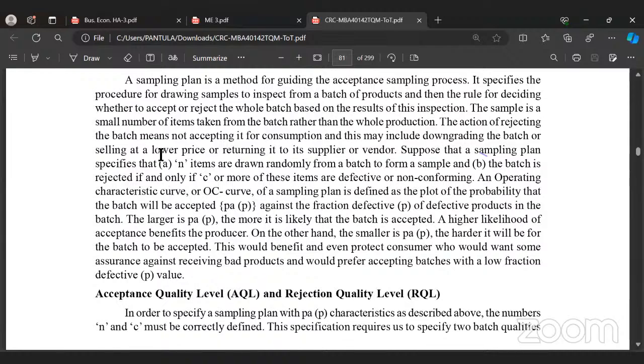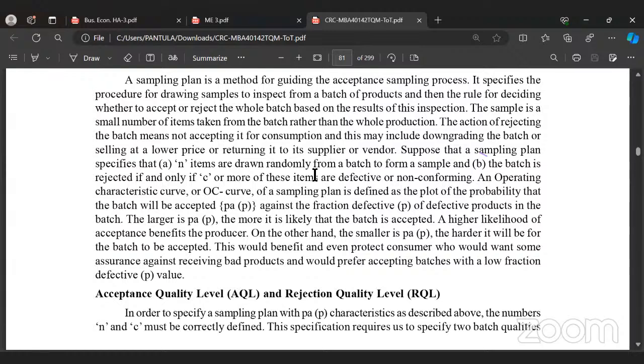The action of rejecting a batch means not accepting the consignment. This may include downgrading the batch or selling at a lower price, or returning it to the supplier vendor. Suppose a sampling plan specifies that small n, I already told you small n is nothing but the sample size, n items are picked randomly. Randomly means random pick.